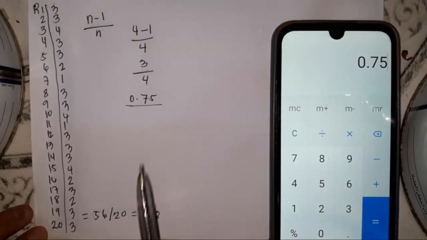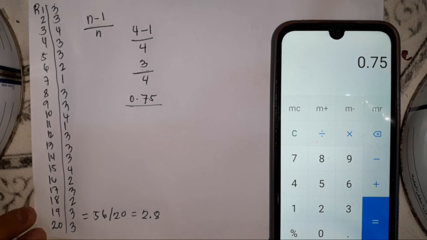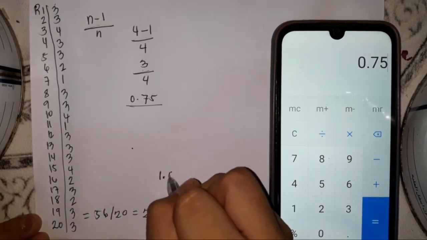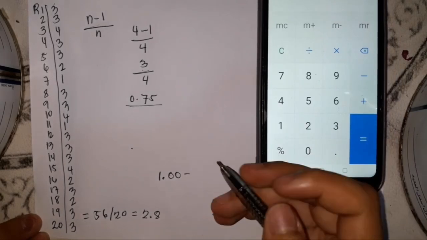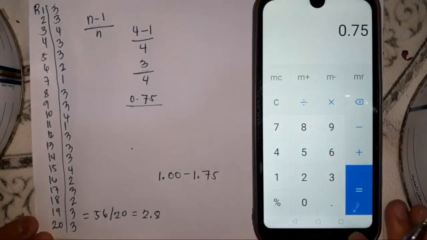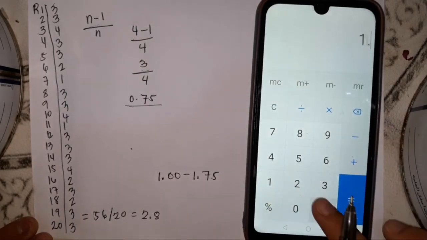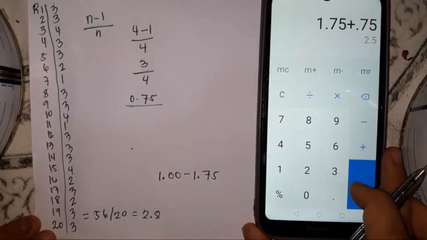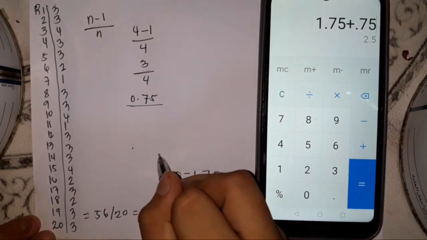Now we're going to use this interval width to make a mean range. We're going to start with 1.00. Add the 0.75 to get 1.75. Then 1.75 plus 0.75 is 2.50.